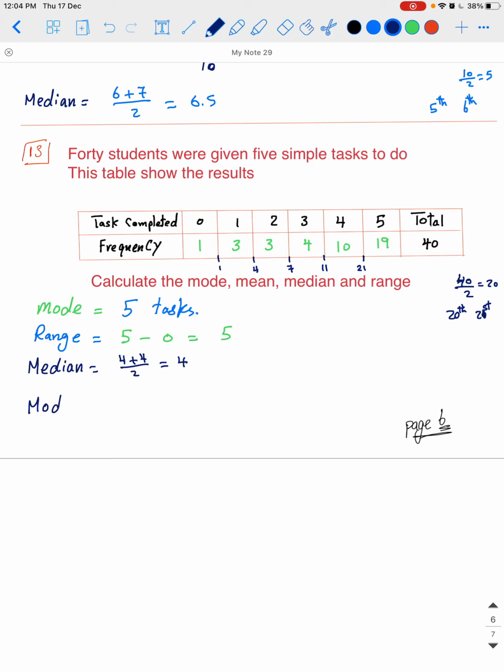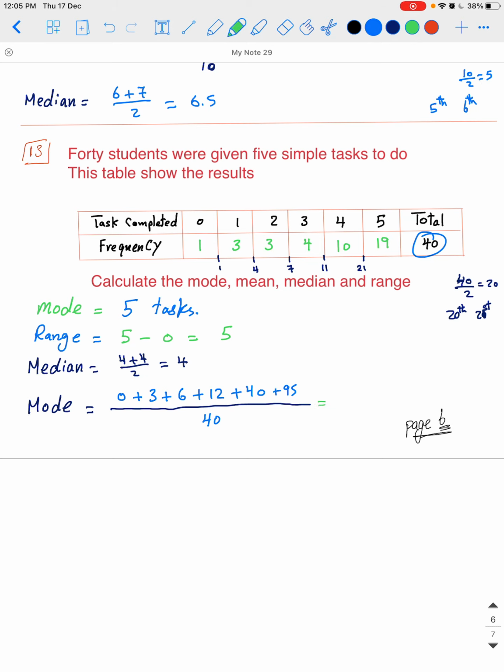How to calculate the mean here? As we said before, let's multiply. 0 multiplied by 1 is 0, plus 1 multiplied by 3 is 3, 2 multiplied by 3 is 6, 3 multiplied by 4 is 12, 4 multiplied by 10 is 40, 5 multiplied by 19 equals 95, then divide by the total frequency, which is 40.